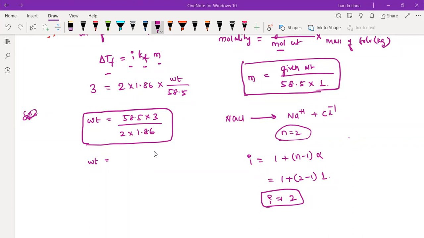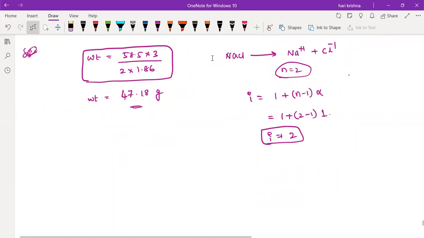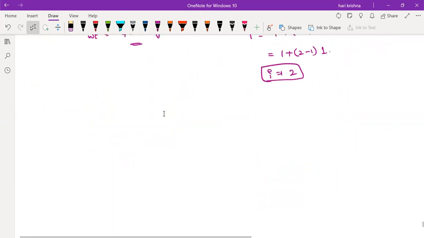Yeah, Varsha, approximately your answer is correct. The answer is around 47.18. Check the calculation part once again. The answer is 47.18 actually. Okay. So next one I will give you. I'll upload this PDF in the Google Classroom today. You can once again go through the problems.